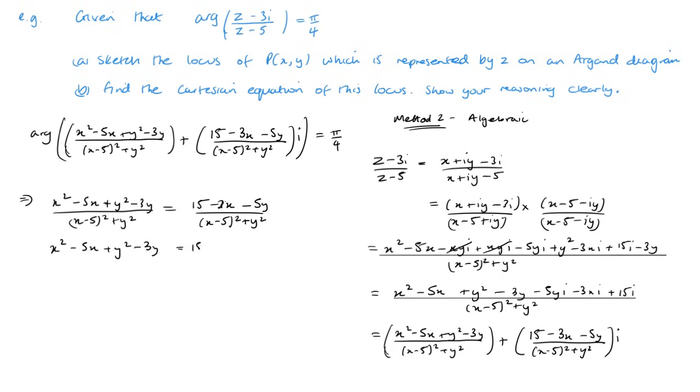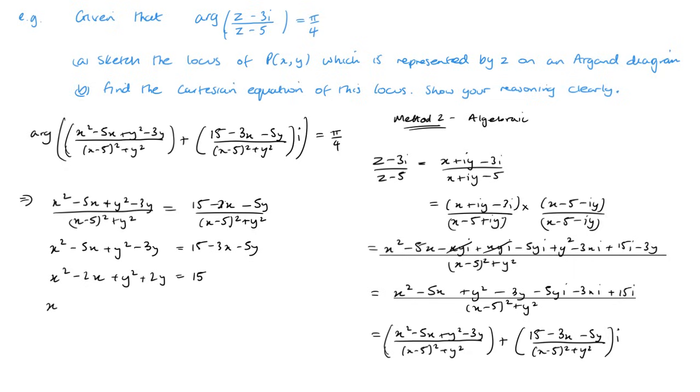So I get this. Now, taking everything to the left, I get x squared. Now I'm plussing 3x, so that's minus 2x, plus y squared, and I'm adding 5y, so that's 2y, and that equals 15.